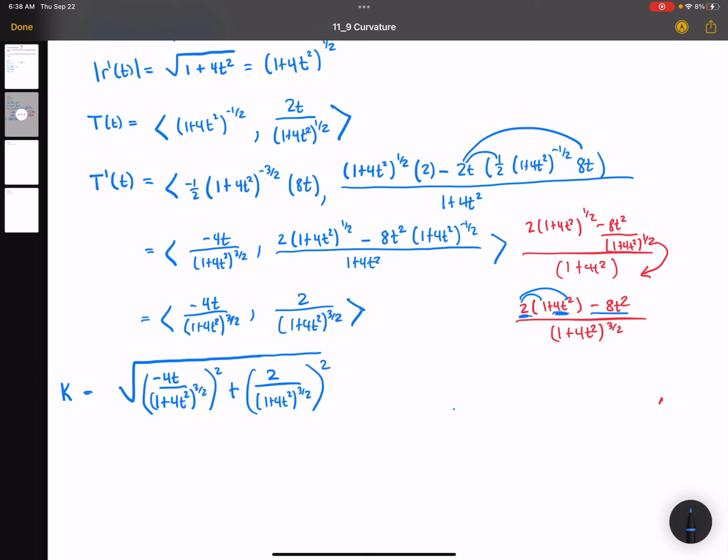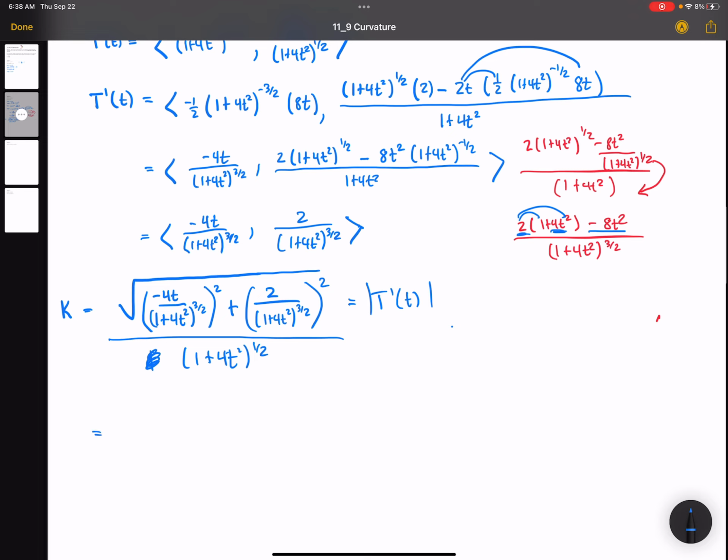So this is the magnitude of the derivative of the unit tangent vector, and we would divide by the magnitude of the derivative, which we already found, and that's just (1 plus 4t squared) to the 1/2.